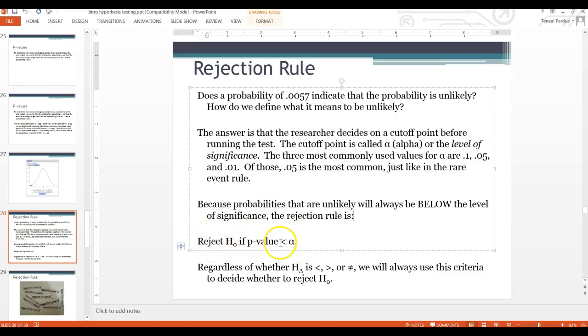This is always our rejection rule, because this always tells us if it's unlikely that we would get, just know that you'd always reject H naught if the p-value was less than alpha. Okay?